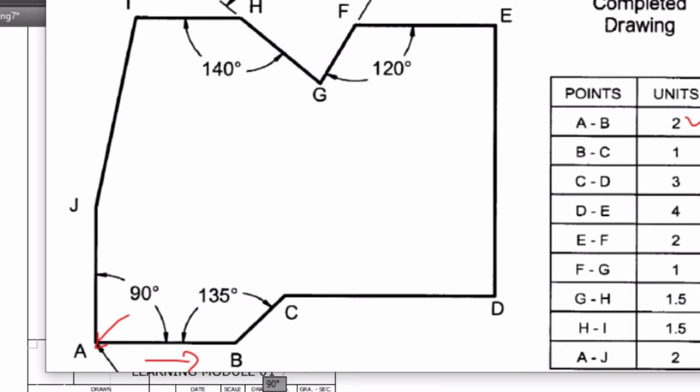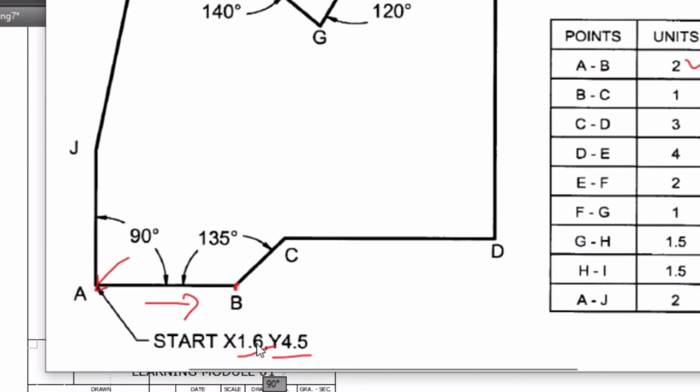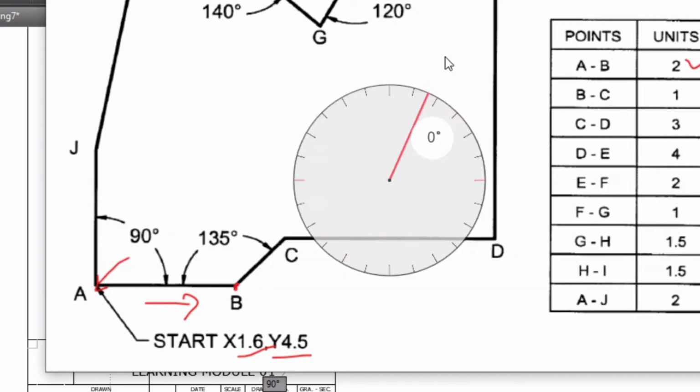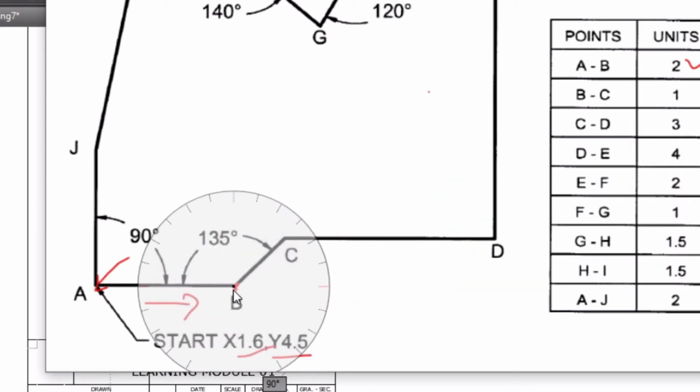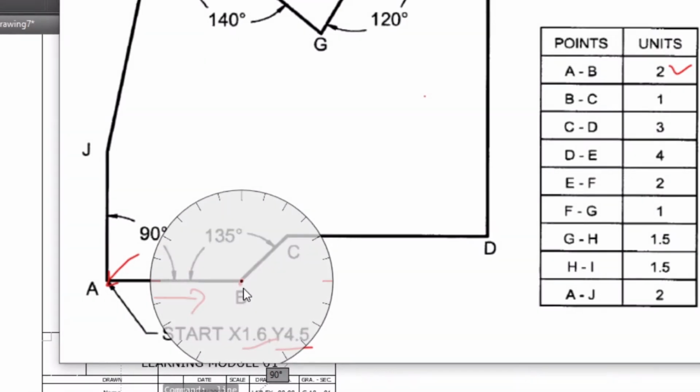So right now, imagine a clock on this point B, and the center of the clock is over that point. So let me take a clock. Yes, it's a protractor. Imagine this is your clock, and put the center of the clock over here.